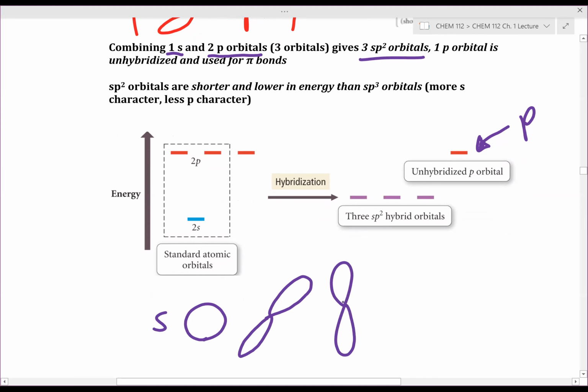If we have overall less p character and more s character, what's going to happen to our sp2 orbitals? Shorter and stubbier, right? So if we were to draw the overall shape of an sp2 hybrid orbital, it'll be a little bit fatter and a little bit shorter.